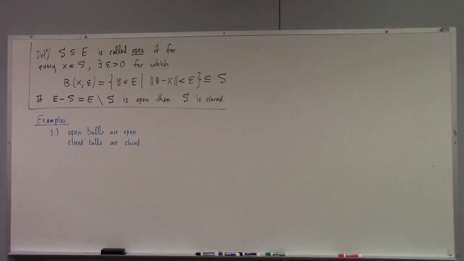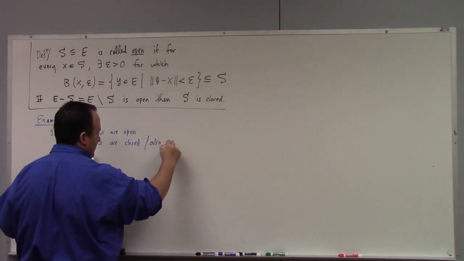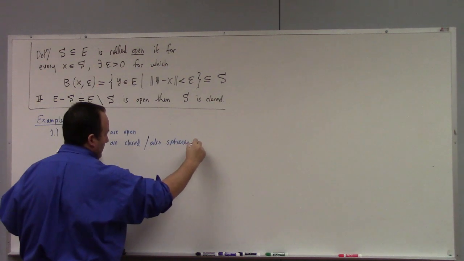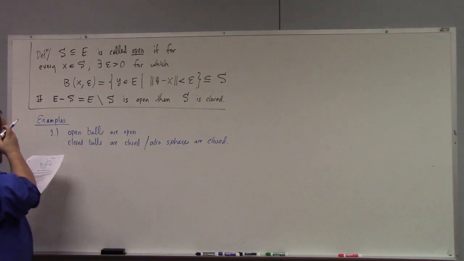If you take those sets, you can prove that those in fact are open sets and closed sets, and also spheres. The sphere is closed.